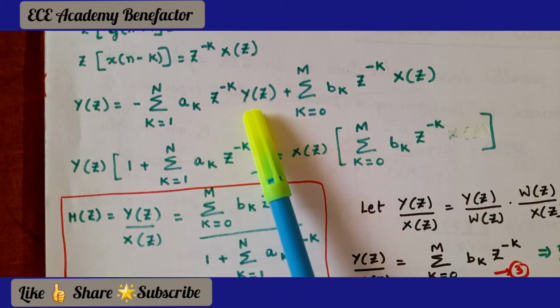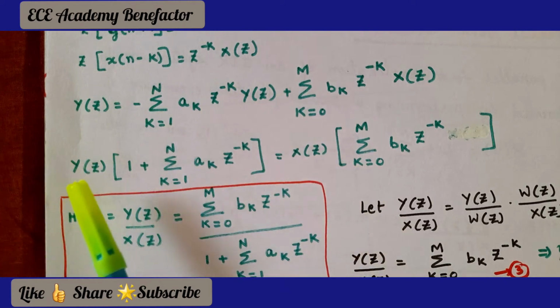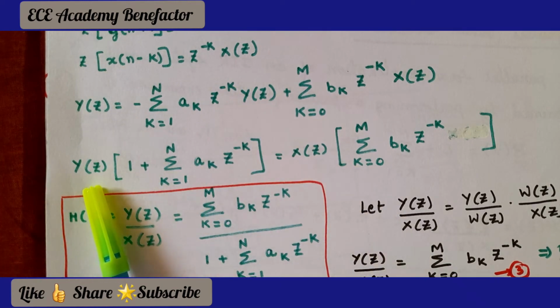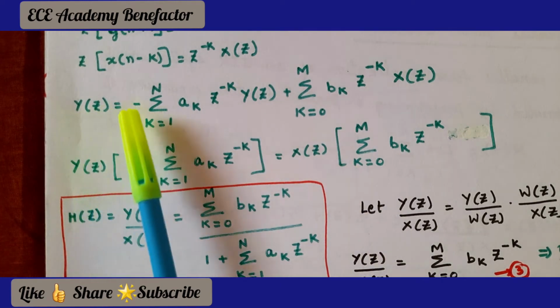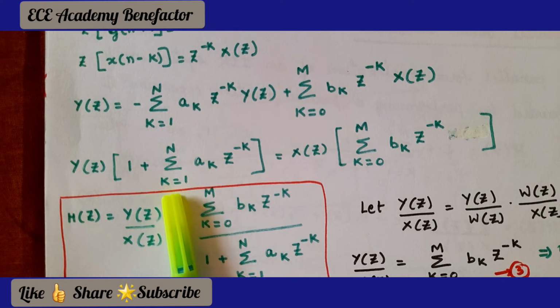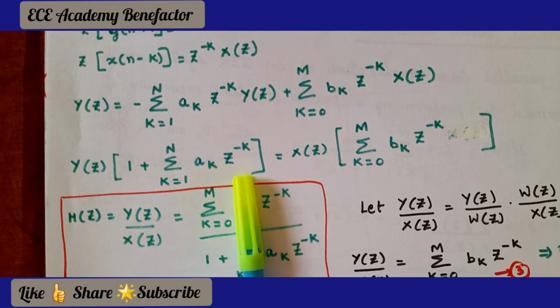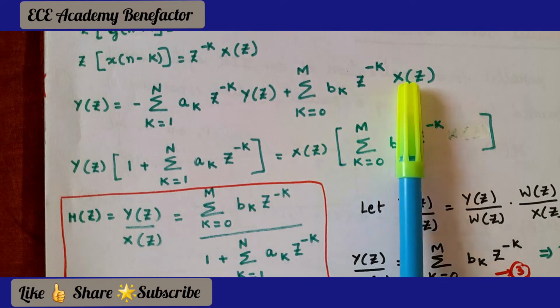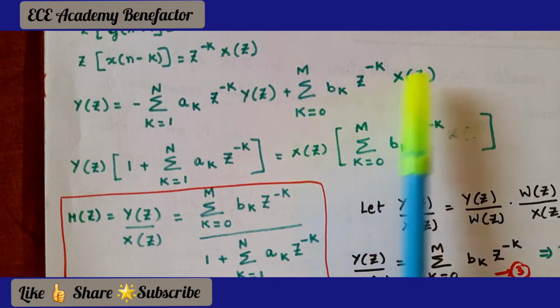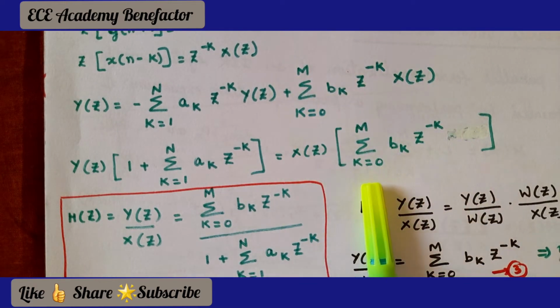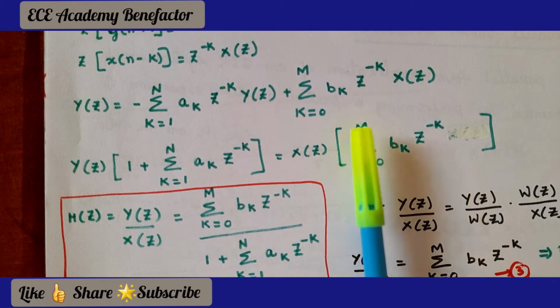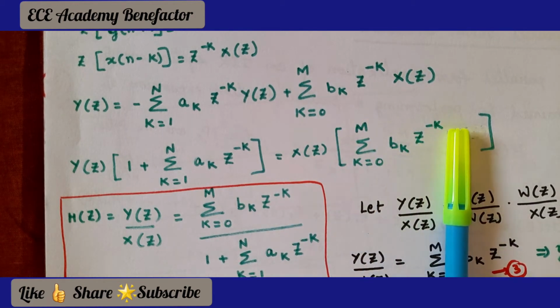Now collect this Y of z on the other side. So it will come as Y of z times 1 plus summation k is equal to 1 to N a k z to the power minus k, and here the X of z term we have taken out and written this term, which is summation k is equal to 0 to capital M b k z to the power minus k.